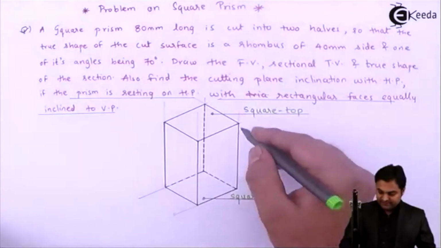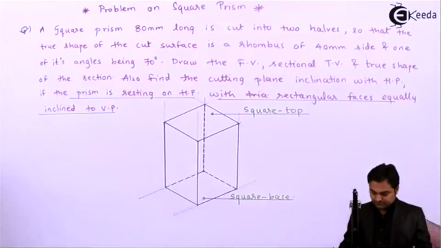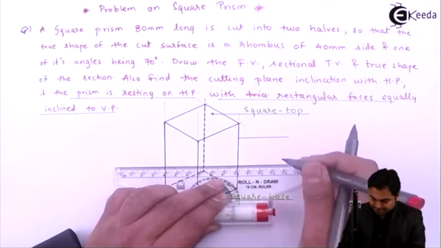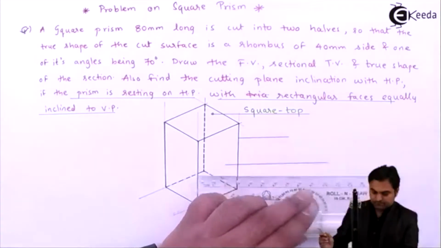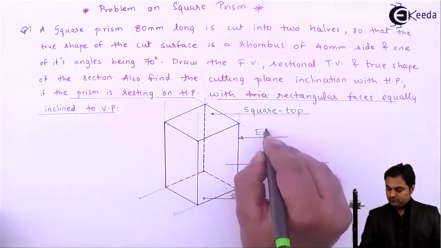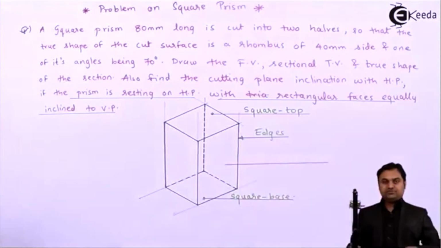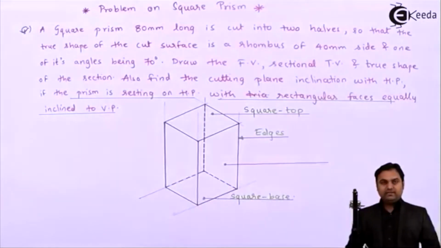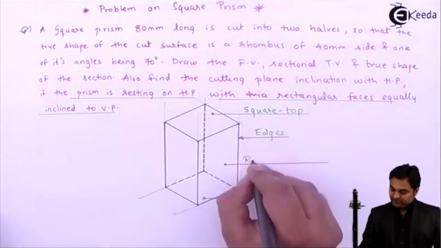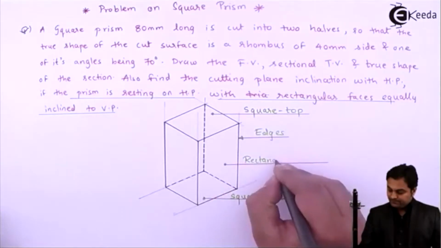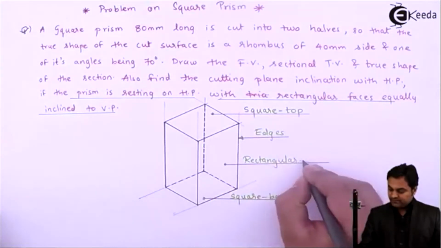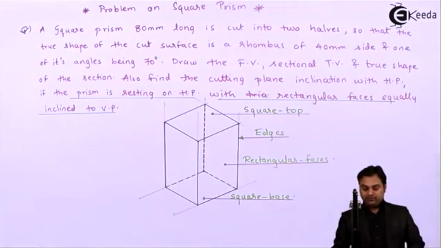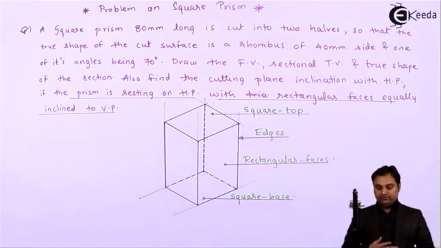So when they are connected, we have the edges. So these are the edges which are straight edges for the square prism, and because of that edges, the faces are formed, and those faces are rectangular faces. So if it is a square prism, we are going to have four rectangular faces.